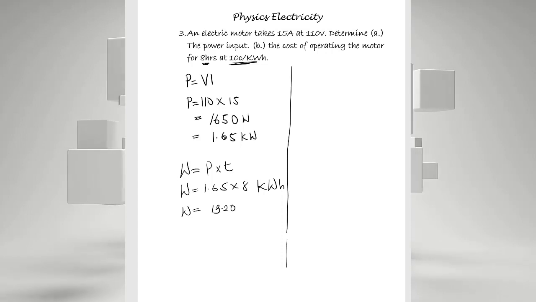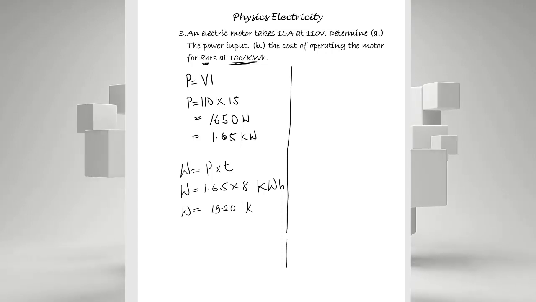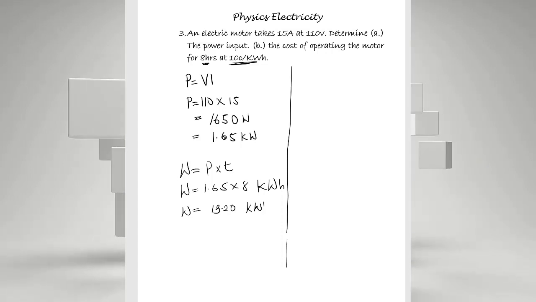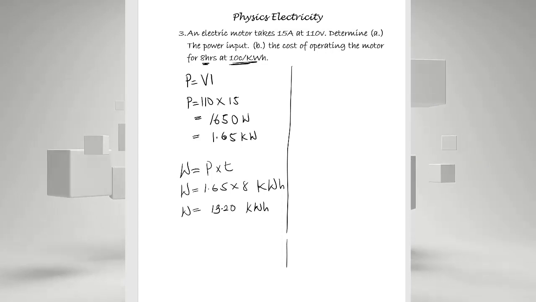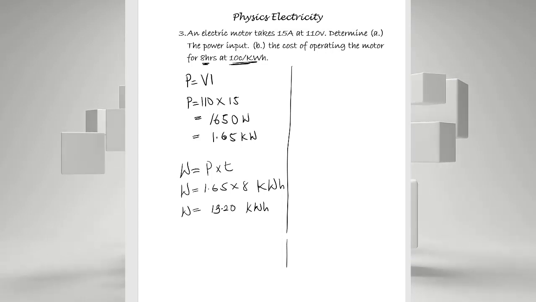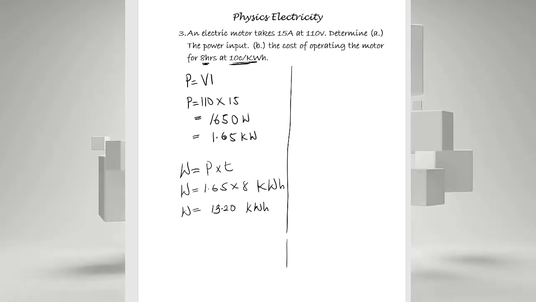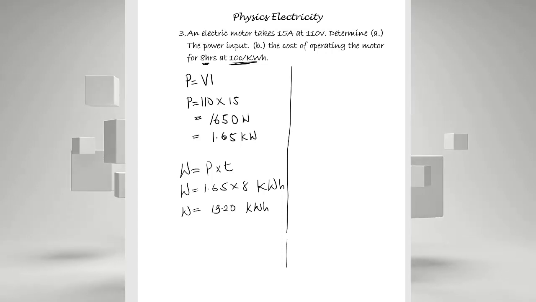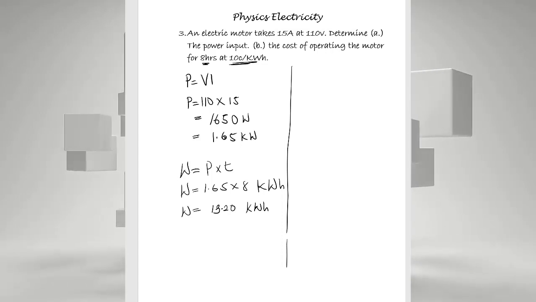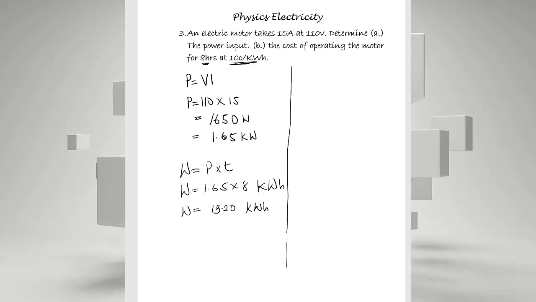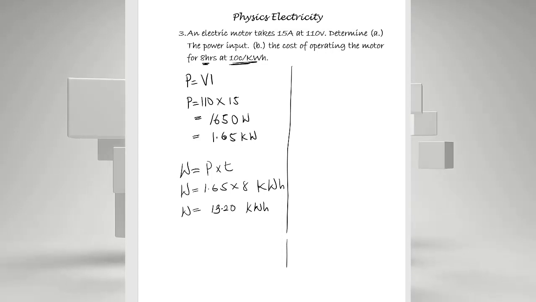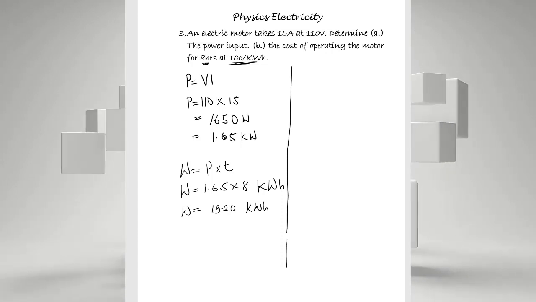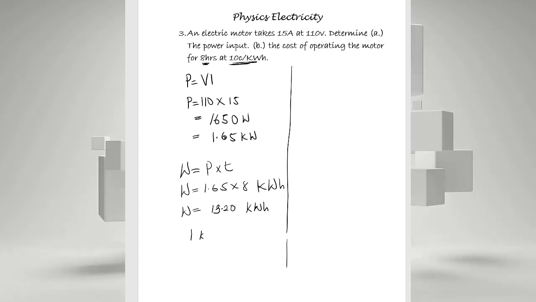With that gotten, we can now look for how much it will cost us to run the electric motor for 8 hours. If it costs 10 cents to run this motor for 1 hour, how much would it cost to run the motor for 8 hours?